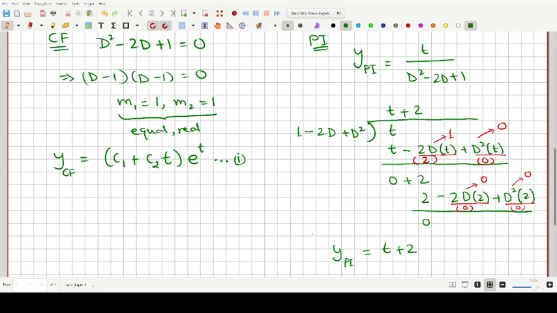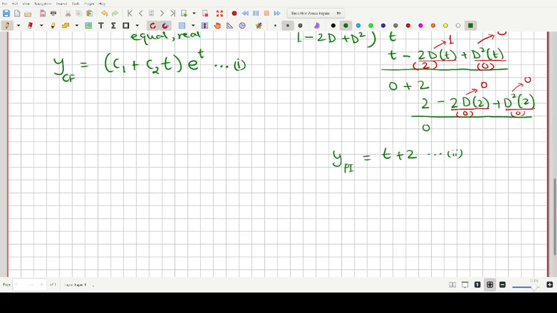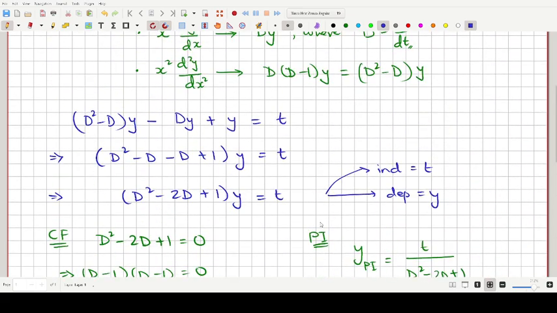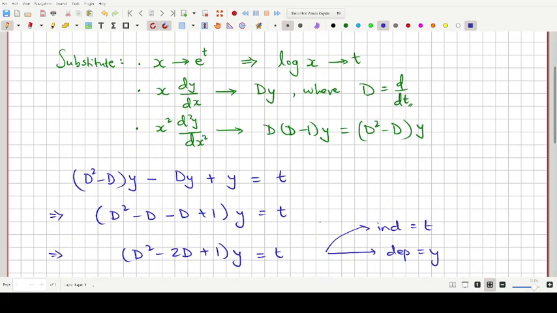Okay, now let's label this as our second expression, and therefore our general solution here is y CF plus y PI. That will give us (C1 plus C2 t) multiplied by e power t plus t plus 2. But if we scroll back a little bit up here, we see that e power t is essentially x and t is basically log of x, right?